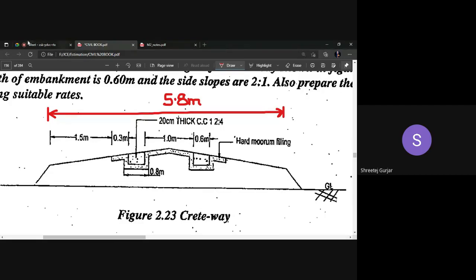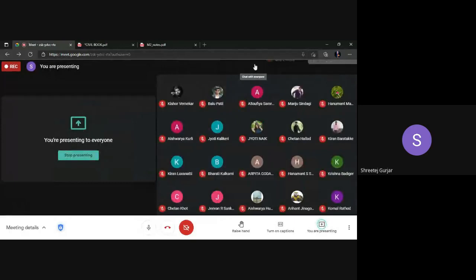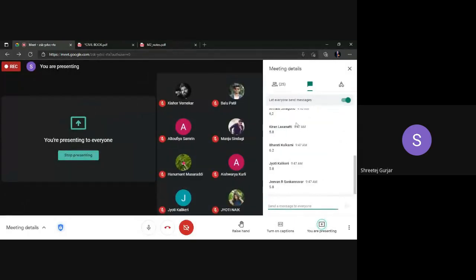You have answered in chat. Arihant, 6.2 is wrong. Kiran, 5.8 is correct. Bharati has gone wrong with 6.2. Jyoti and Jeevan are correct.